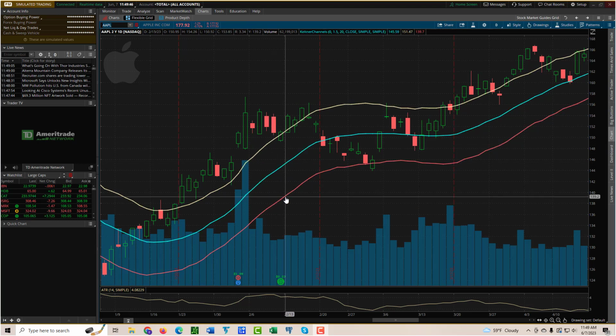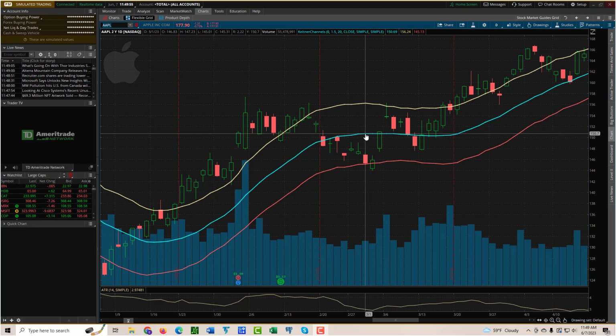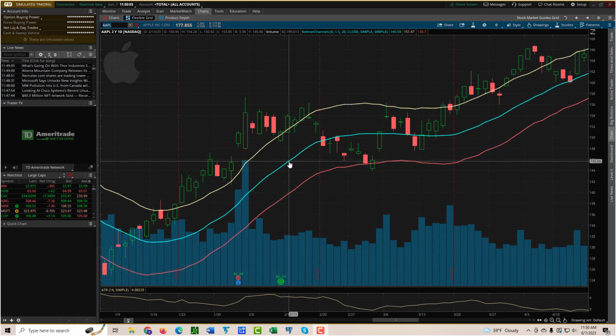These represent Keltner channels. So what I'm going to do is explain how the lines themselves are calculated, and then I will talk about how a trader or investor can use a Keltner channel to their advantage. As far as how these are calculated, the middle line, let's start there first. This is a simple moving average, and the default settings for the Keltner channel are a 20-period simple moving average.